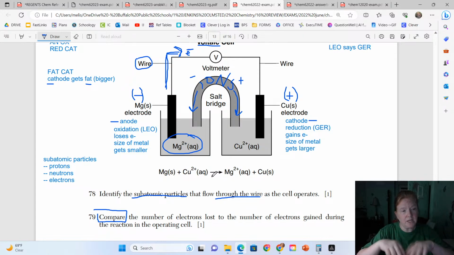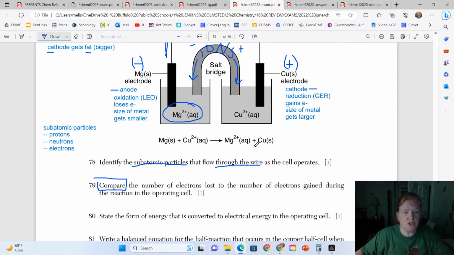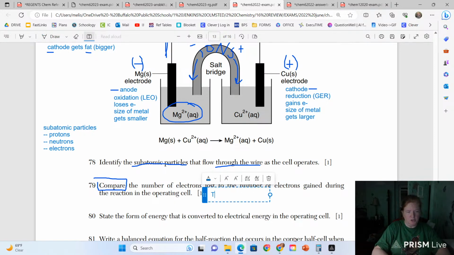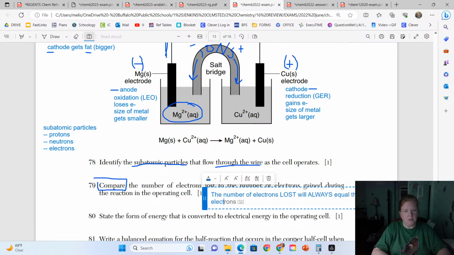The number of electrons lost must be equal to the number of electrons gained. So that is just like the other question. I'm just going to type it here just to reinforce it. So the number of electrons lost will always equal the number of electrons gained. Okay.